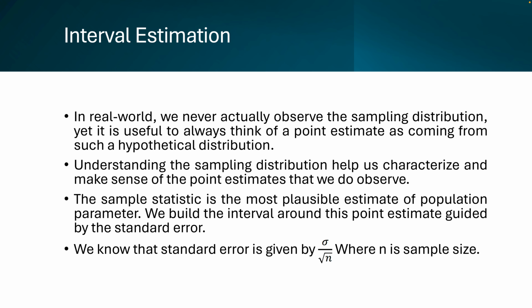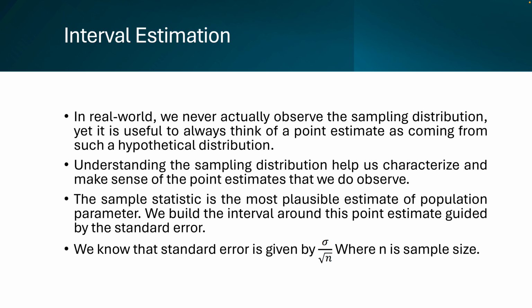So there are some preconditions that we test for or ensure in the sampling, so that we know that the data is originating from the sampling distribution. So the sampling distribution helps us characterize and make sense of the point estimates that we do observe in our sample data.